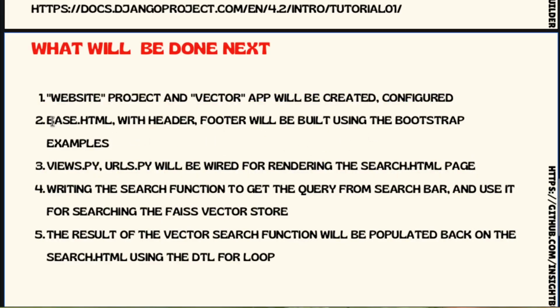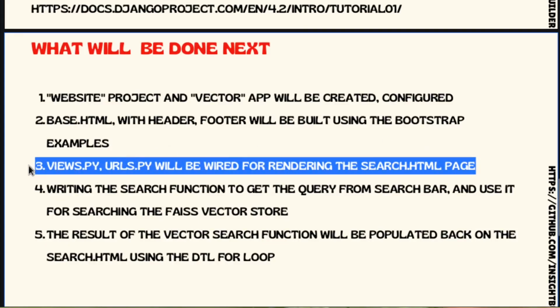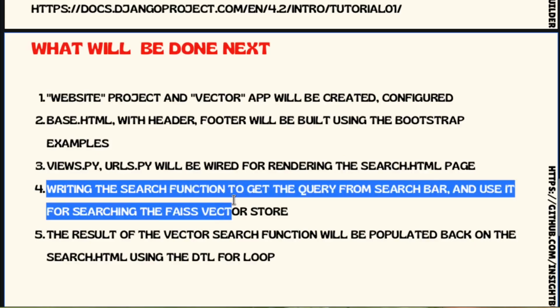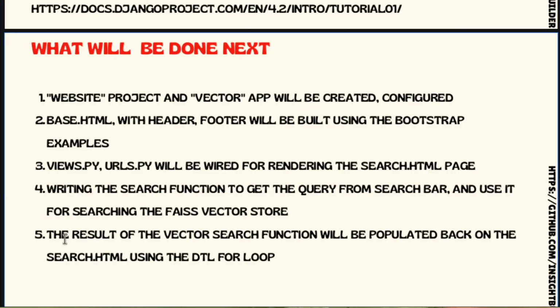In order to work with base.html, header, footer, etc., we created the files, but we have not yet populated anything into these files. Even then, we could get till line number 3. What is left is we need to get these files populated, we need to write the functions, and then we need to get the results. So there are going to be a couple of things we need to do.